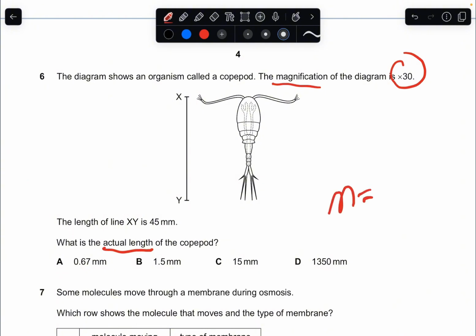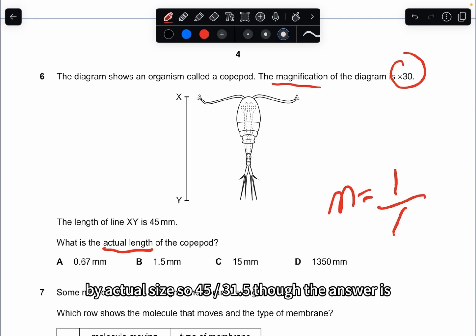So the magnification formula: the magnification is image divided by actual size.